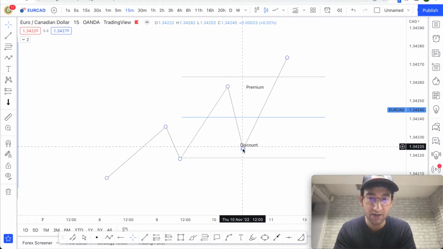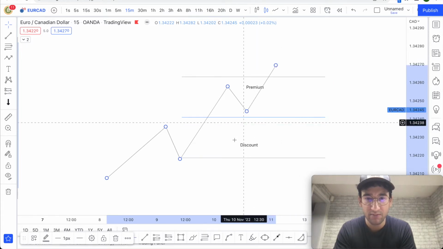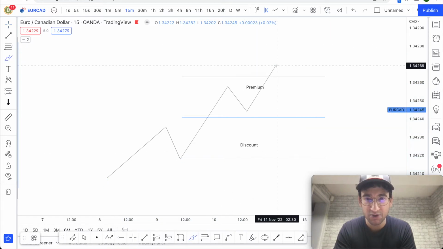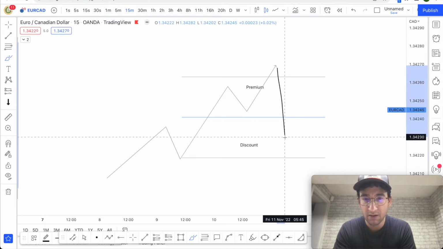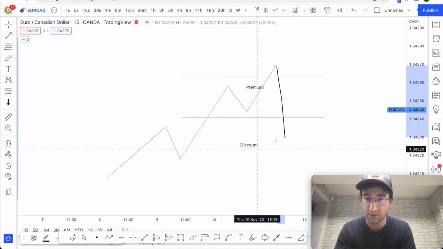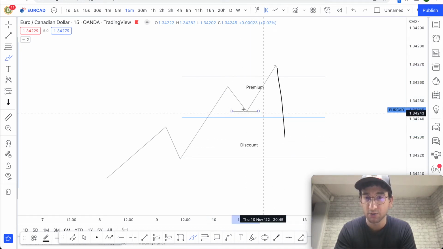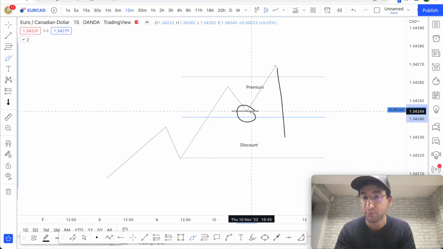The reason why you don't want to buy at a premium is because if prices should ever go against you like this, now you regret buying. You're forced to close the trade that you've taken, a buy here at the premium.